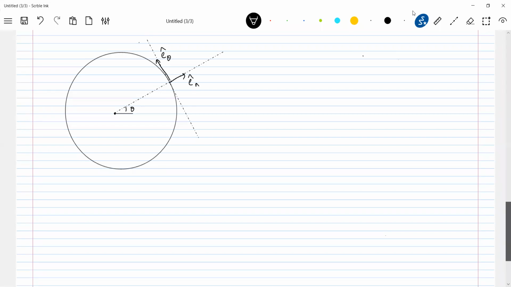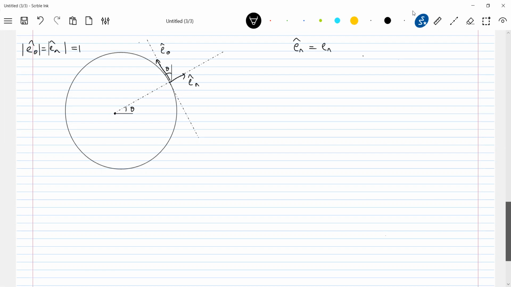Okay, let me define these unit vectors. What is the magnitude of e theta cap and en cap? The magnitude is 1. Everyone must remember this because in numericals this data is very important. So let me first define en cap.